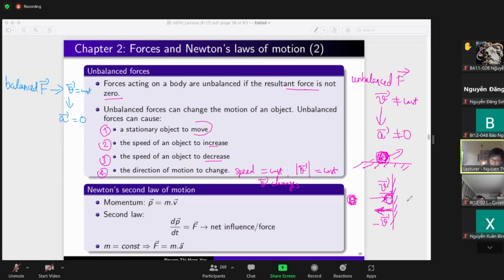Can someone else give me another example? Anyone else give me another example? Nguyễn Đăng Sơn, can you read for me your BI ID? It's BI12386.